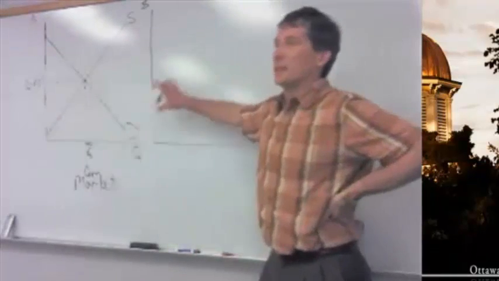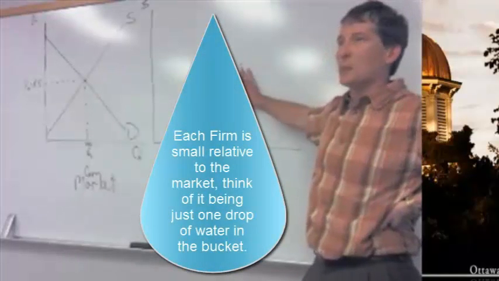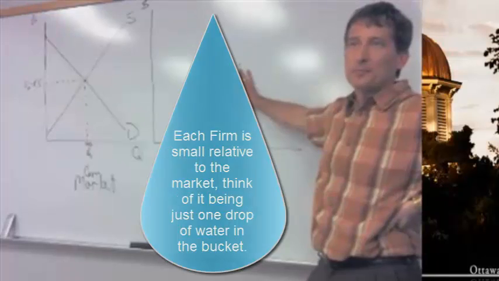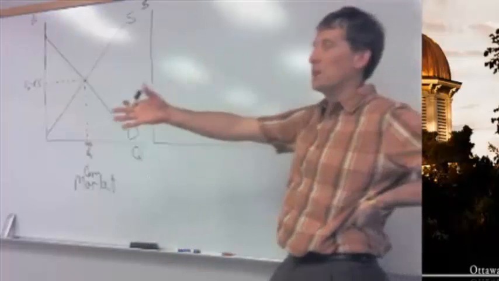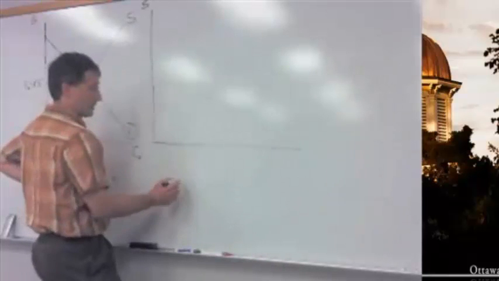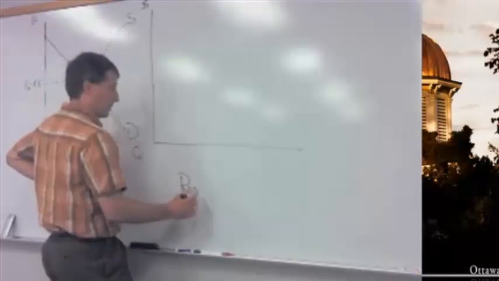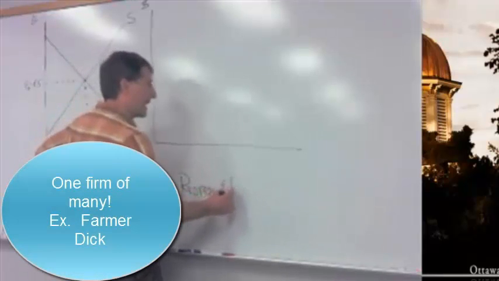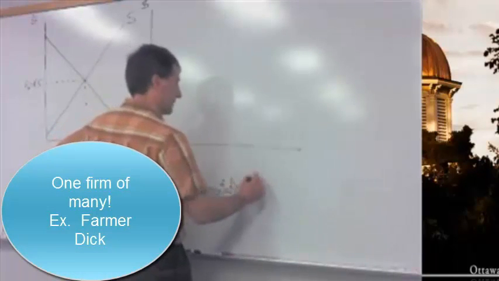Here's where it gets a little different now. The graph to the right is going to be the representative firm. We're just going to pick out one drop of water out of the bucket. We're going to call that firm the representative firm, kind of the average firm, if you will.